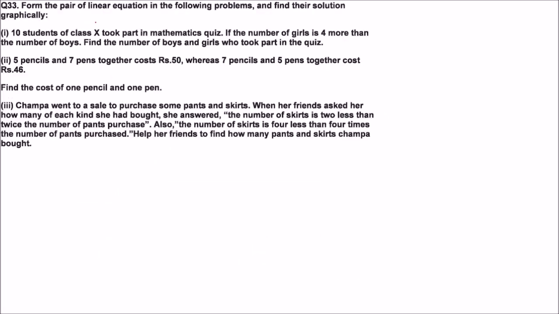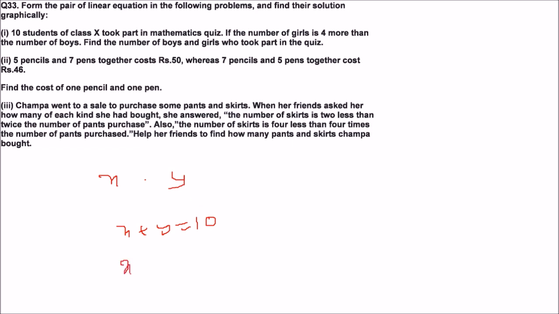From the pair of linear equations in the following problem, find their solution. So 10 students of class X took part in a mathematical quiz. If the number of girls is more than the number of boys, so if x are girls and y are the boys, so x plus y equal to 10. First is this scenario. Then we have number of girls is 4 more than the number of boys.